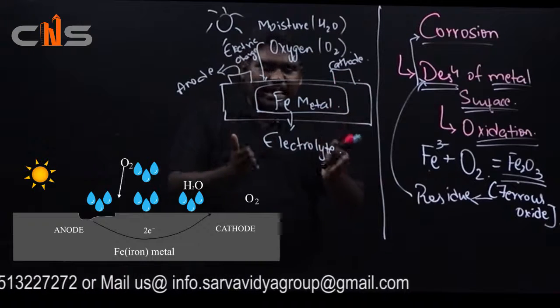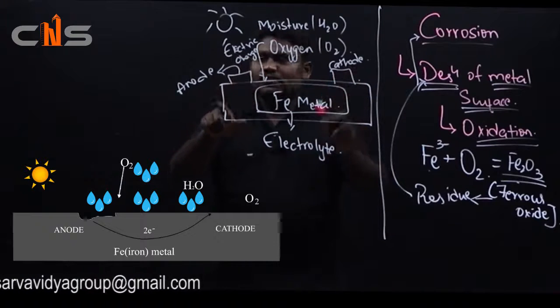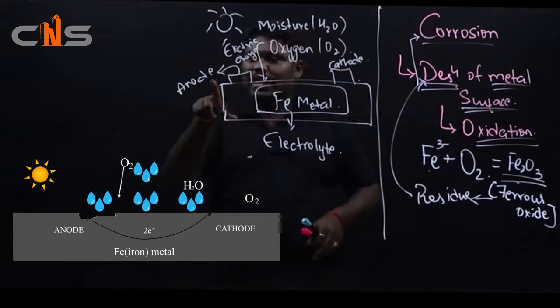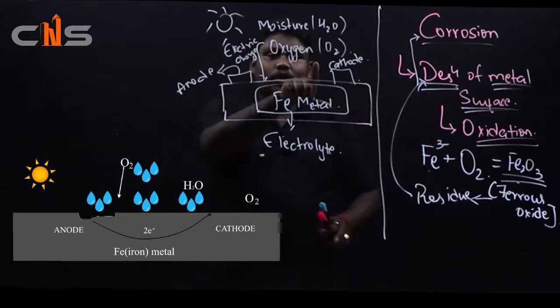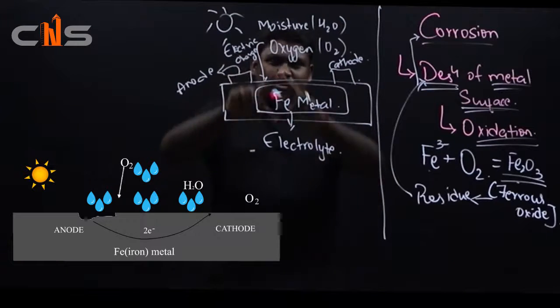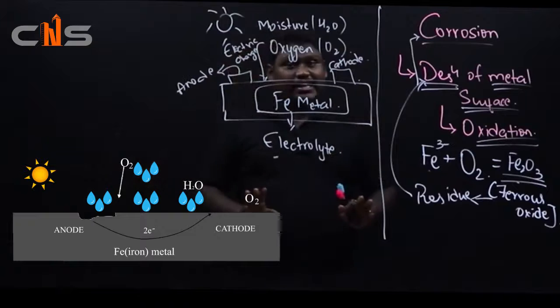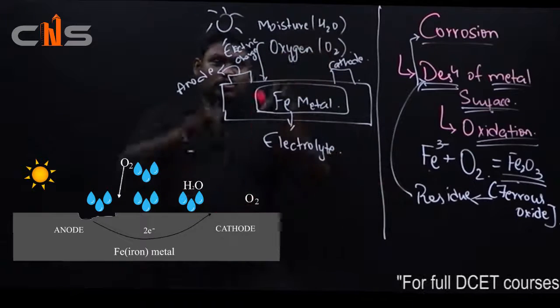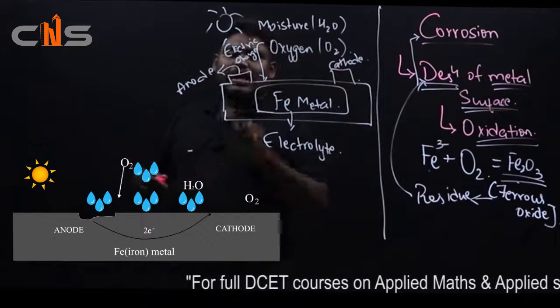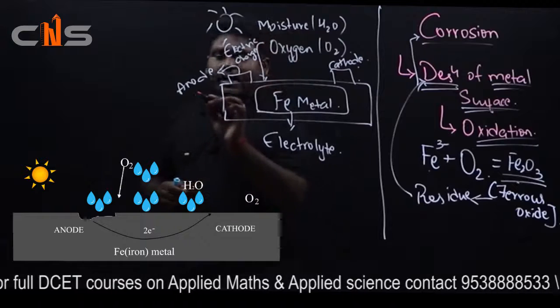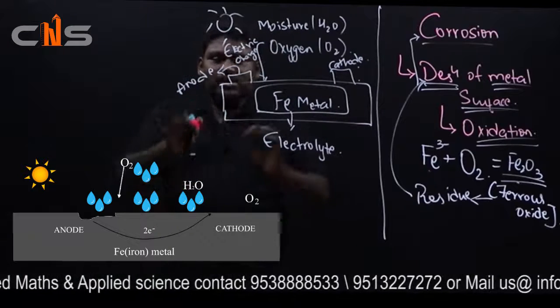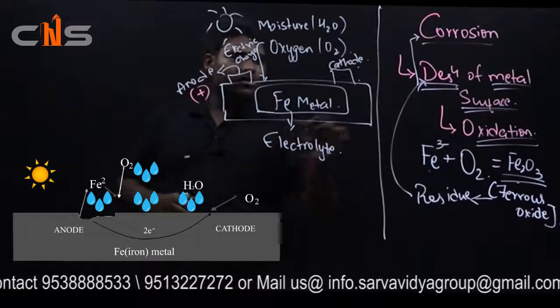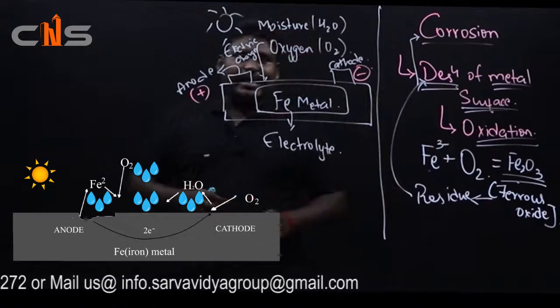So the ferrous metal acts as electrolyte, and on the surface, due to the presence of moisture, anode and cathode are formed, and the oxygen acts as the electric charge. So this process is again the electrolysis process. So due to this, what happens? Both the anode and cathode deposit the ions. Here you will have the positive ions, here you will have the negative ions.